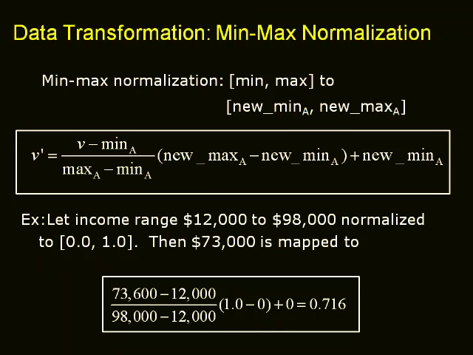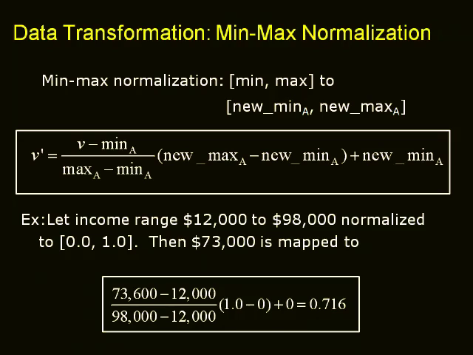We know that minimum for A is 12,000, maximum of A is 98,000, new min A is 0, new max A is 1. And the value 73,000 is replaced to a value V dash in the range 0 to 1 by using the formula shown on the slide.